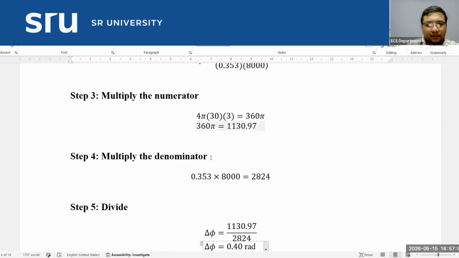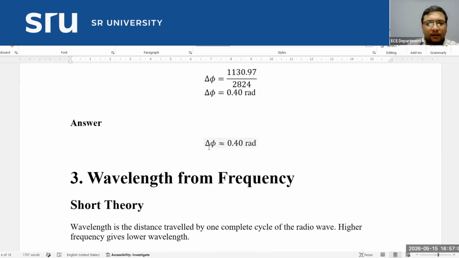So if I further calculate the denominator and divide, finally I get the answer del phi approximately equal to 0.4 radian. Now what will be the radian to degree conversion? I have told that pi radian is equal to 180 degree. So 1 radian is equal to 180 degree by pi.